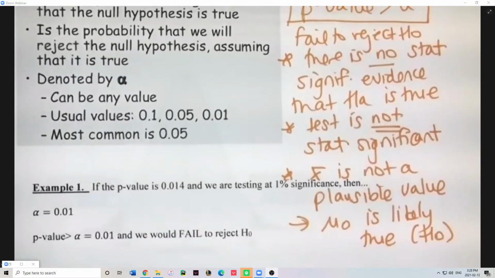So whether or not it's statistically significant, and whether or not X bar is a plausible or likely value. And again, if you're saying fail to reject H naught, then you can say that mu is likely true. Just wait a minute to make sure everybody has it all written down.